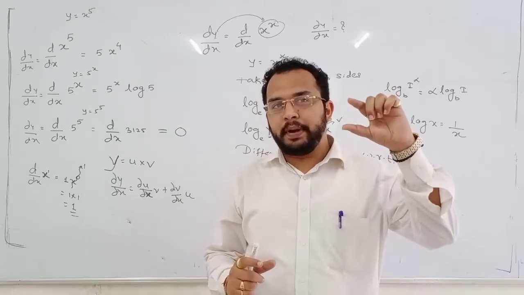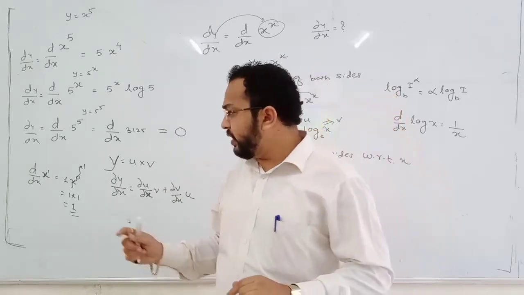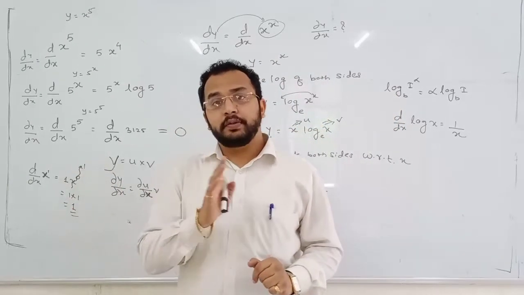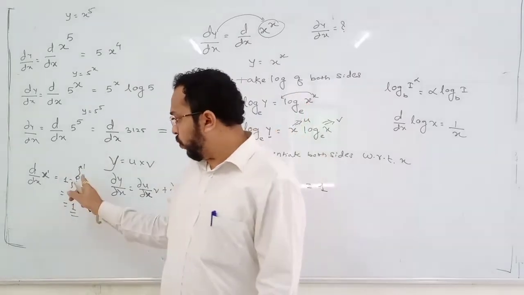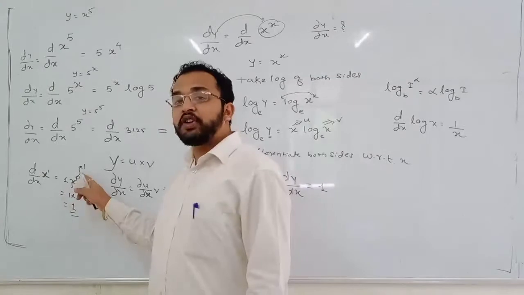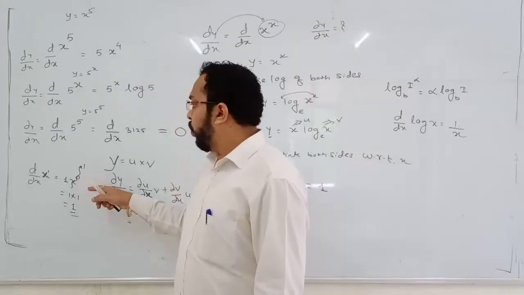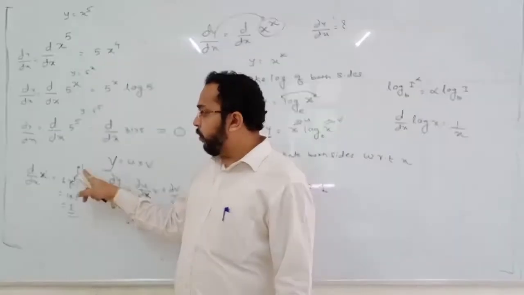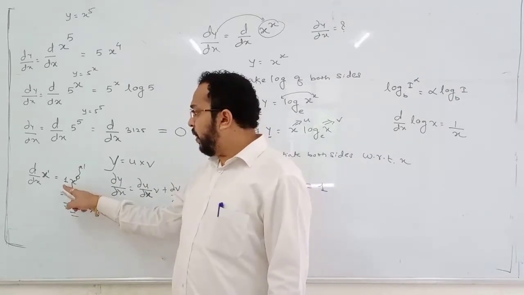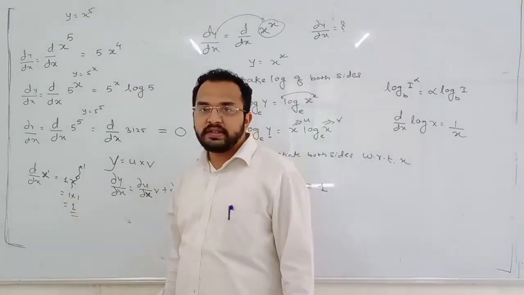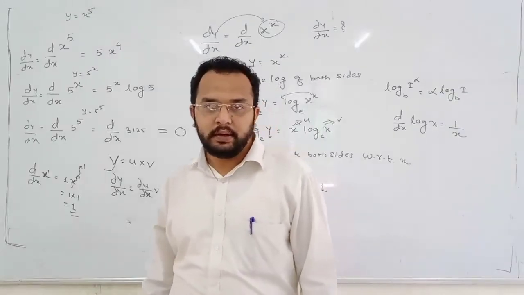So original power was 1, reduced by 1. That means 1 minus 1. So the new power will be 0. So 1 into x to the power 0. So anything to the power 0 will be 1. So 1 into 1, answer will be 1.